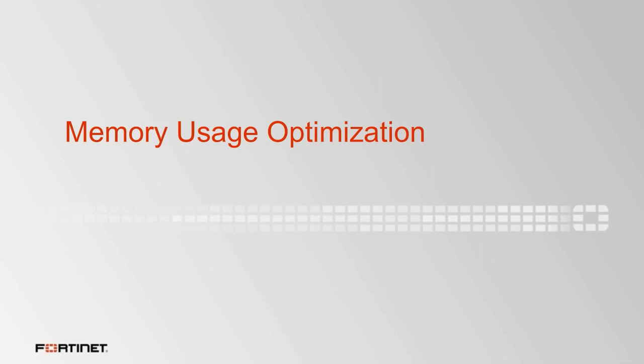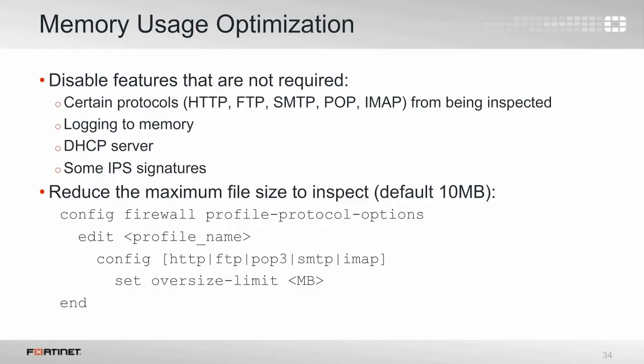What can you do if a FortiGate enters conserve mode frequently, or if its memory utilization is too high? You can optimize memory usage by fine-tuning the FortiGate configuration. Many FortiGate processes, such as DLP and AV scanning, are memory intensive.